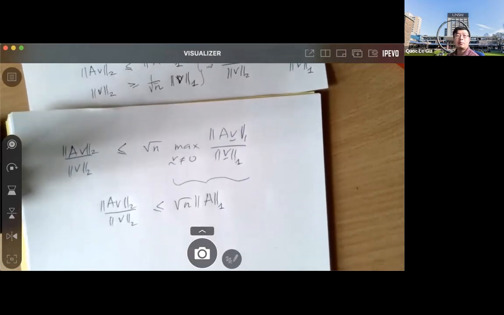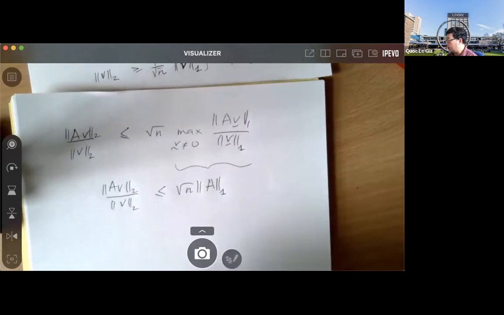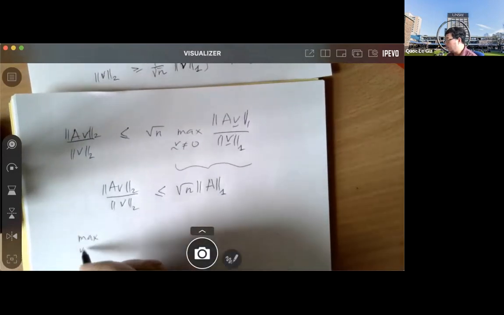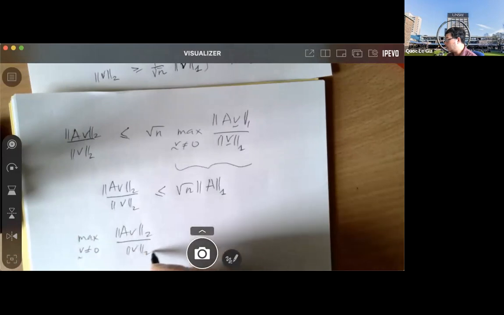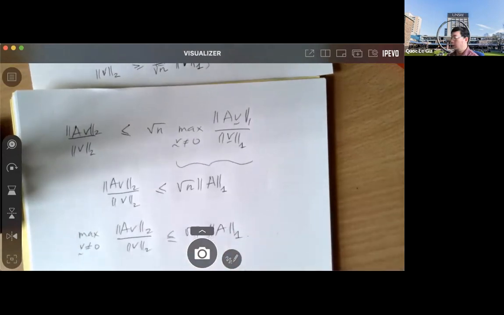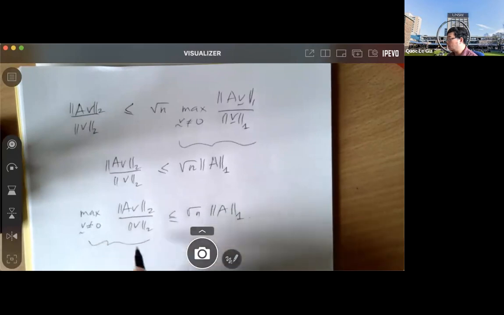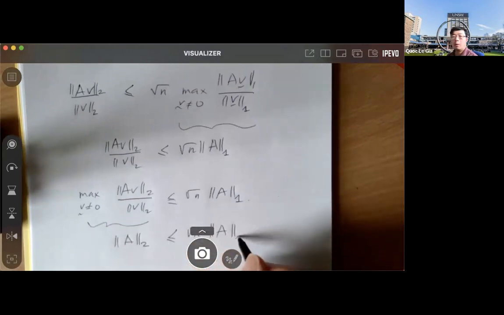And now I take the max over every non-zero V on the left. Then it's still less than or equal to square root n times the one norm of A. And by definition, the left is nothing but the two norm of the matrix A, less than or equal to square root n times the one norm of matrix A.